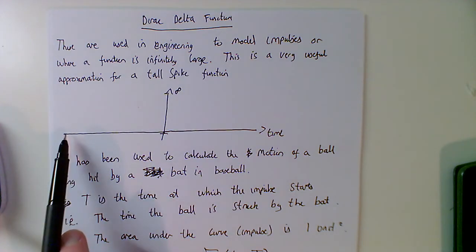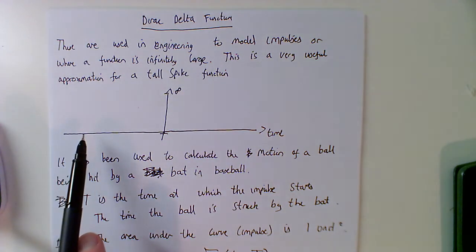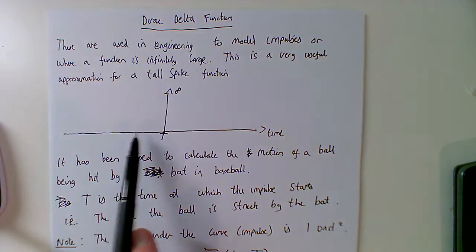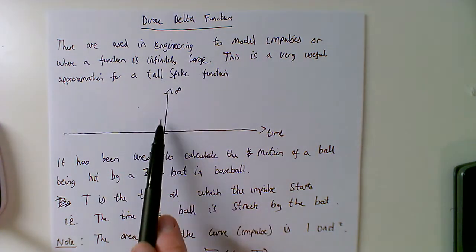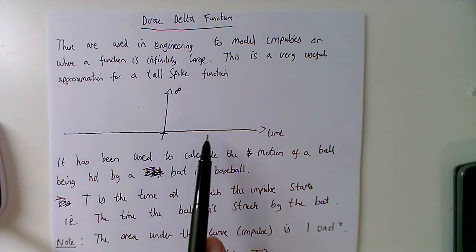So for example, this is your timeline. You're going along, and then something really big happens at this point, and then it comes back down and back to normal again. So what I've said is it can be used to calculate the motion of a ball being hit by a bat in baseball.